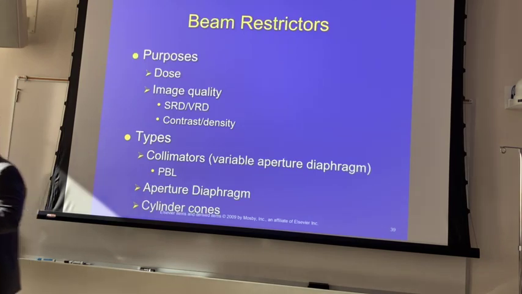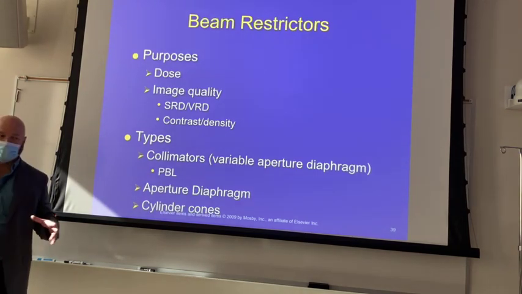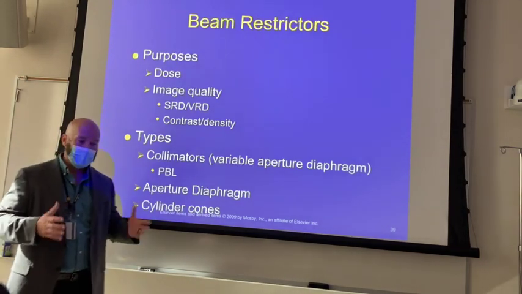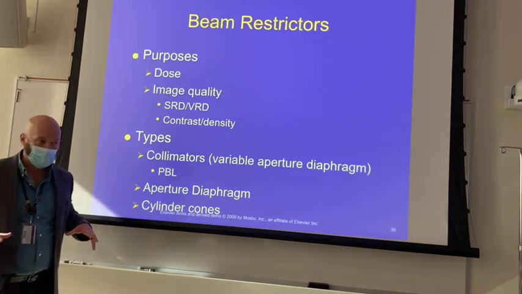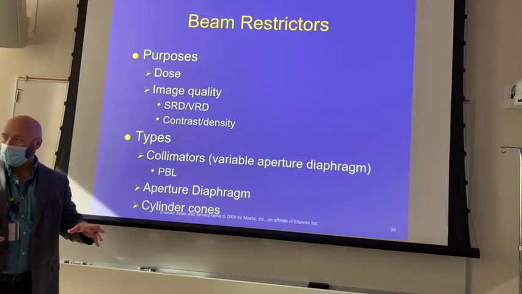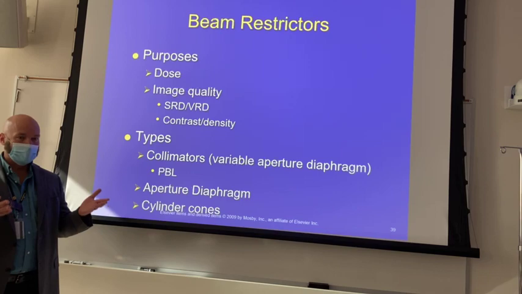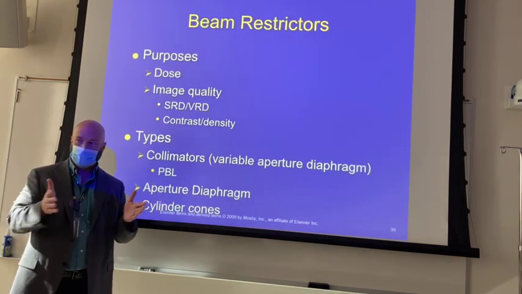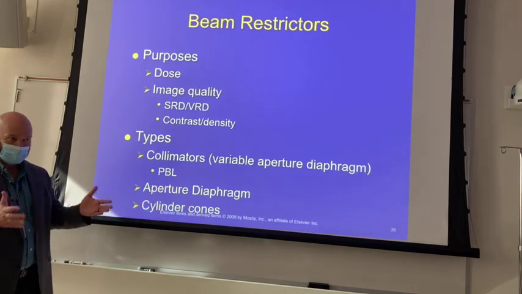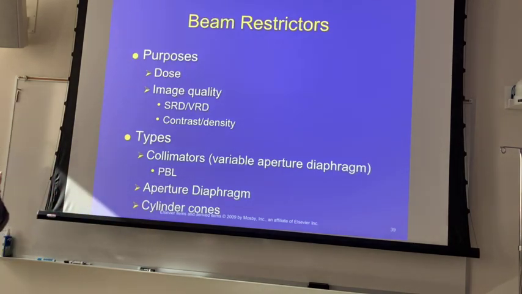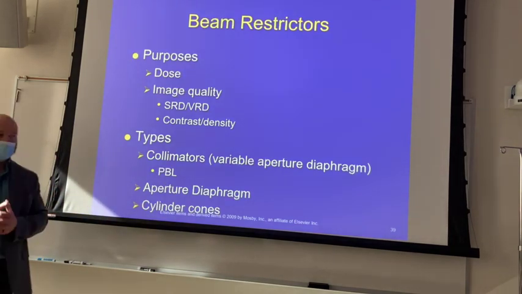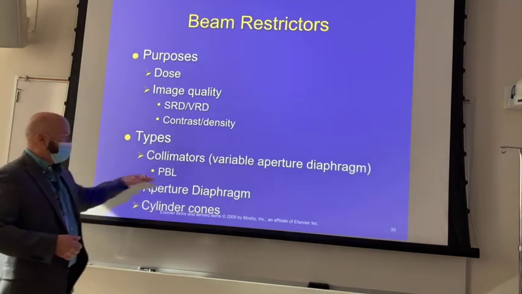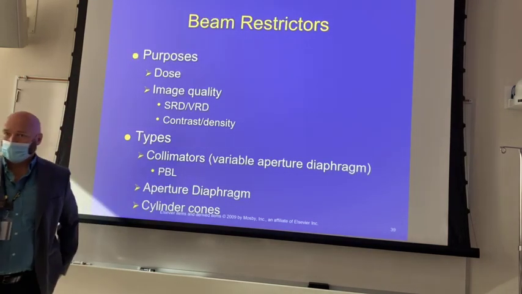You took an X-ray film inside of a cassette, and you put it inside of the tray of the Bucky, and a Bucky had detectors in it so that whenever you closed the Bucky tray, it detected the size of the image receptor you were using, and it automatically collimated your field to the size of that image receptor. That's positive beam limitation. It's just automatic collimation.